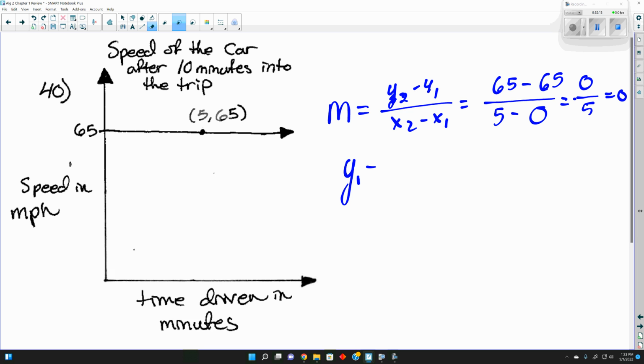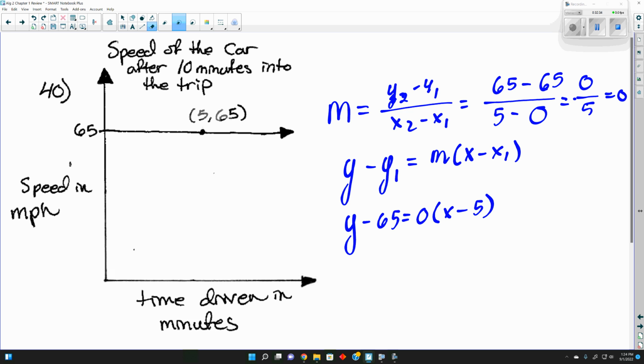Now the way that we normally find the equation of a line, we could say y minus y1 equals m times x minus x1. We could pick 65 and 5. So we could say y minus 65 equals our slope 0 times x minus 5.